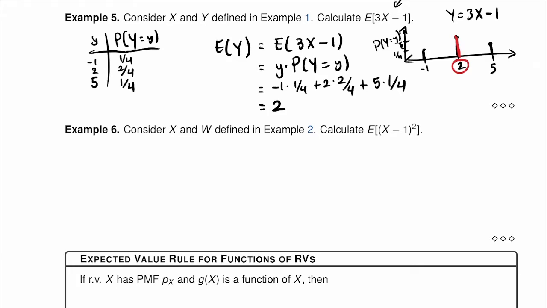Consider X, and this is another example, number 6. Consider X and W defined in example 2. Calculate the expected value of W. Remember that W was (X - 1) squared.